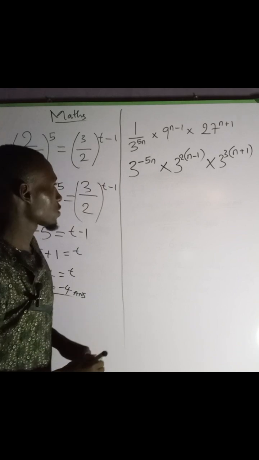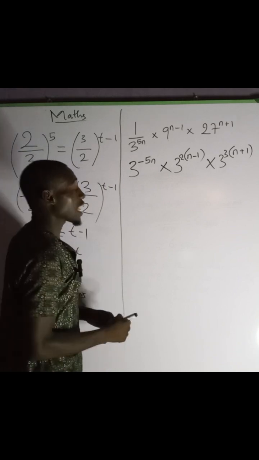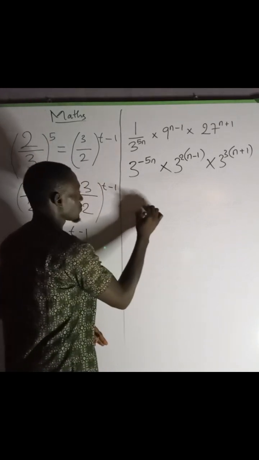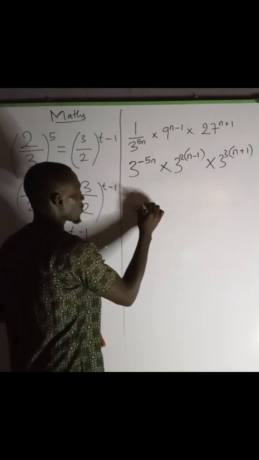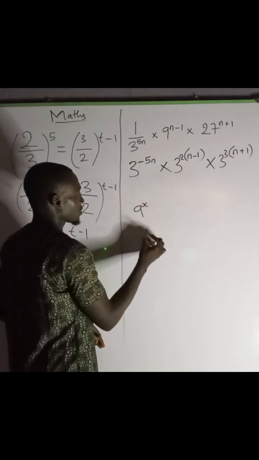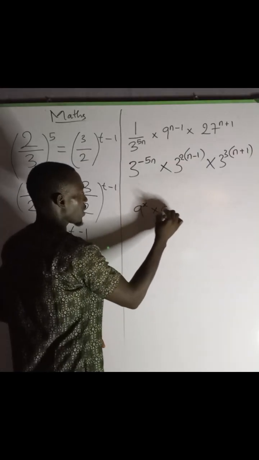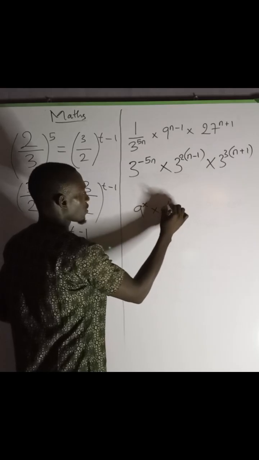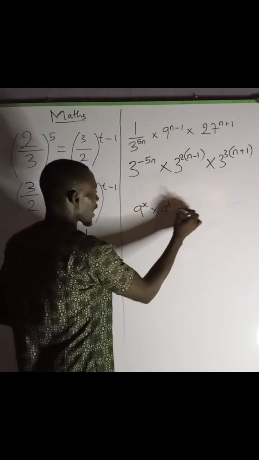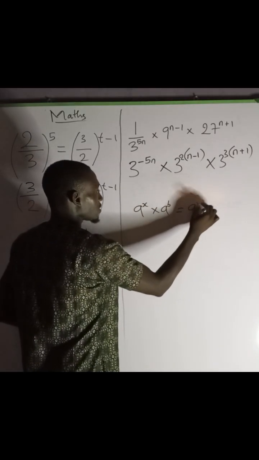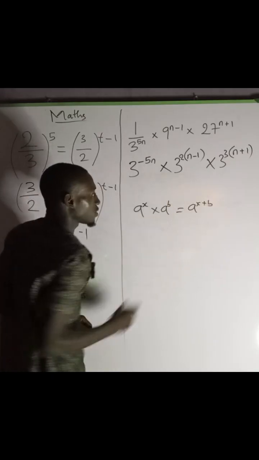Okay, so at this point, if you have a raised to power x times a raised to power b, the law of indices allows you to add the powers together.